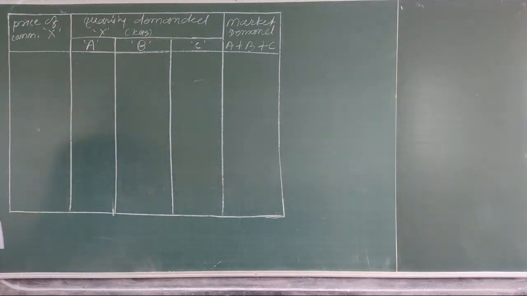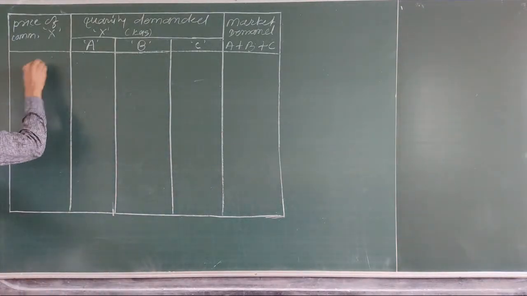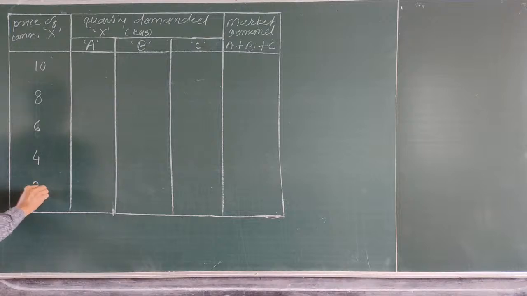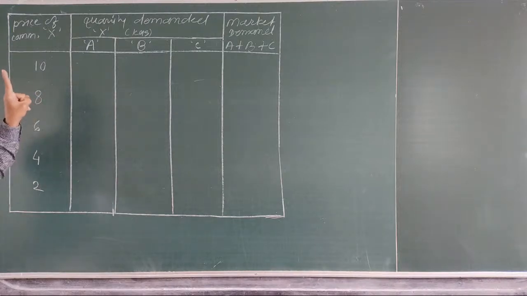So price is 10, 8, 6, 4 and 2. That is the falling price. When price falls, then demand rises. Okay.